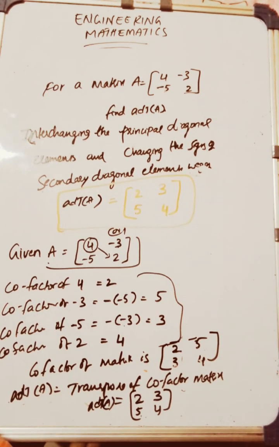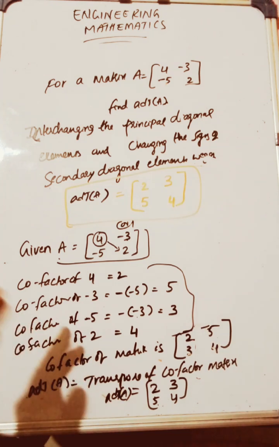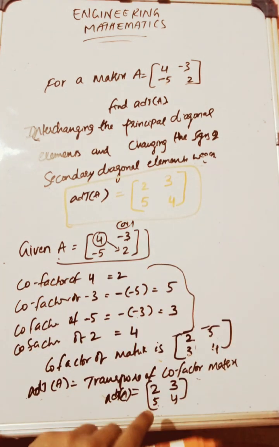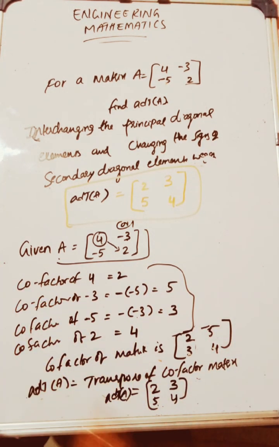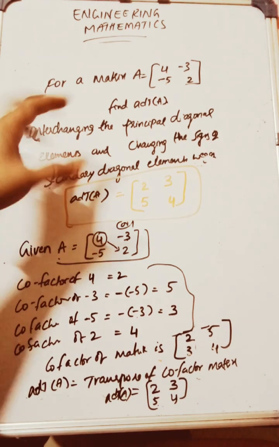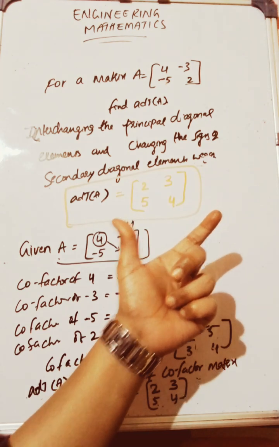Nothing is difficult here, it is very simple, but there is a little logic we have to remember in our mind. Don't forget: we interchange the principal diagonal elements and change the sign of the secondary diagonal elements.